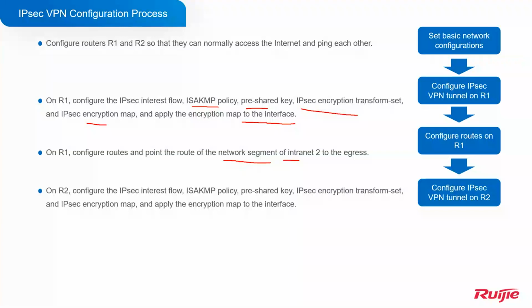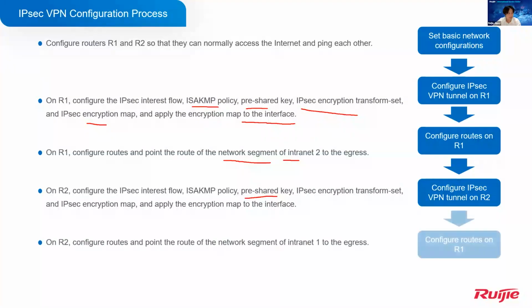This should be the same on both sides, including the pre-shared key. The last step is to configure the route on R2 to connect to the HQ segment and map it to the egress interface.